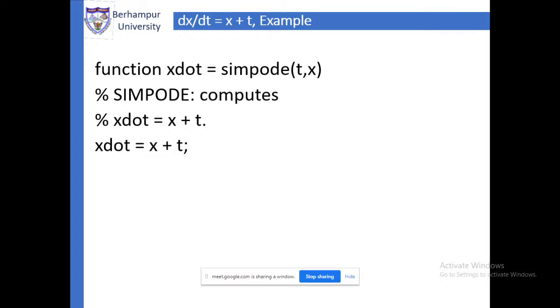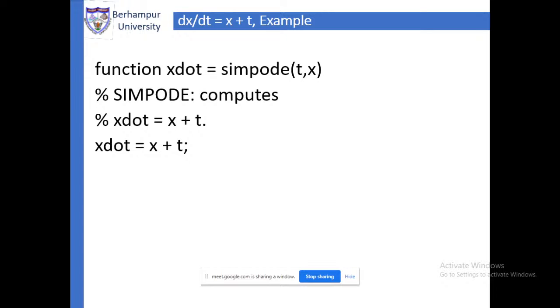Simple ode is a simple ordinary differential equation which has variables t and x, and returns xdot. So simpode computes what we are going to compute, x plus t, dx by dt is equal to x plus t. So xdot will be x plus t.